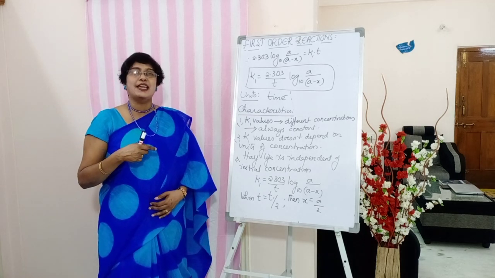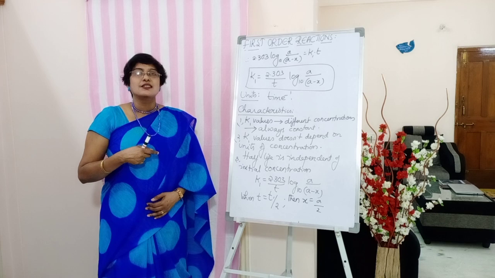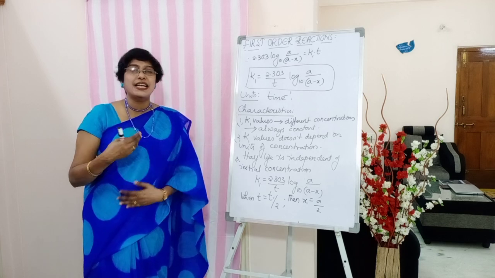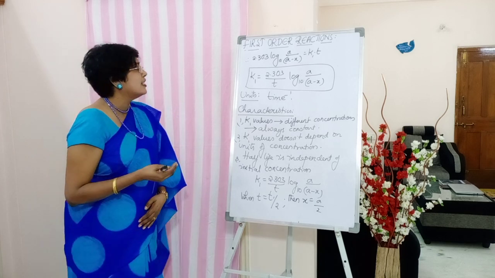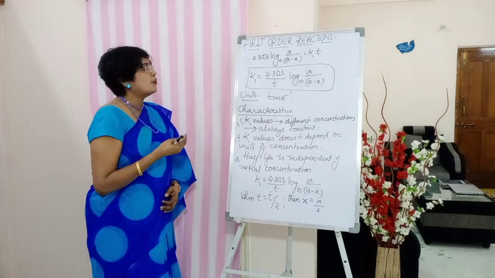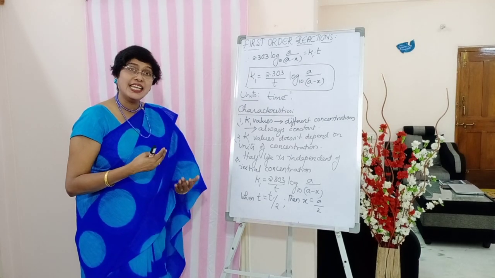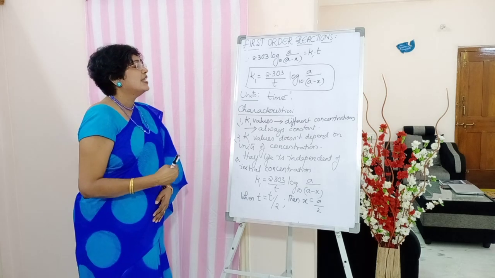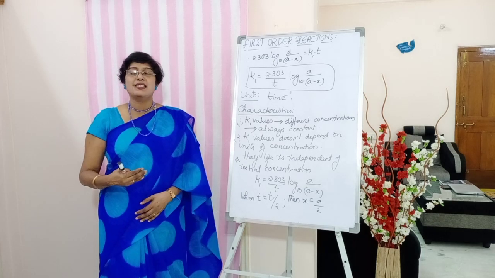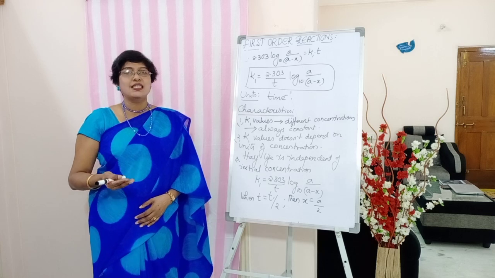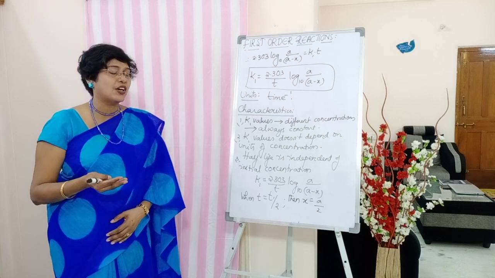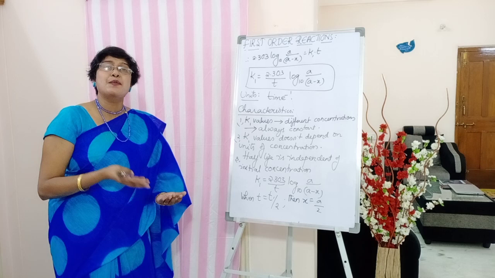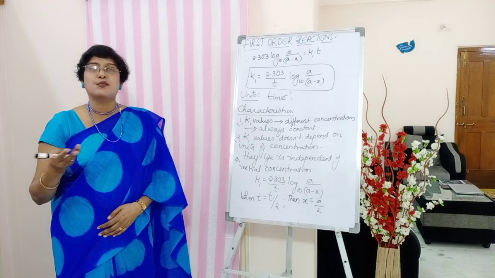Okay. Below write down units. Units of k1. How will you find out the units for k1? The k1 expression is 2.303 by t. T is time, in the denominator. Next, a by a minus x. What is a? Initial concentration, units of concentration moles per liter. A minus x is also concentration, moles per liter.